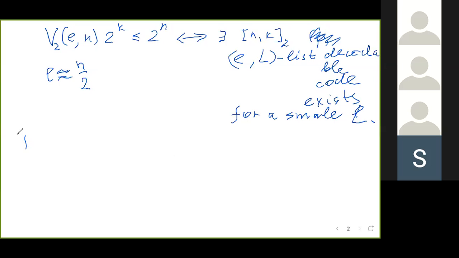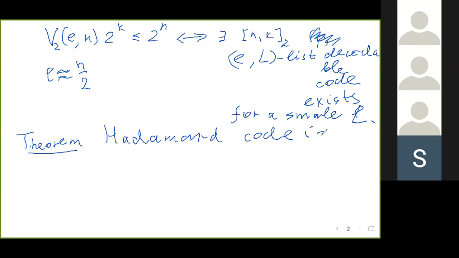The theorem states that the Hadamard code is (n times (1 minus epsilon) over 2, L) list decodable.